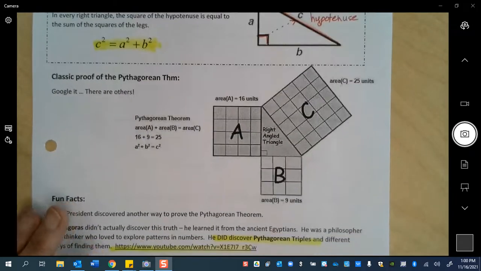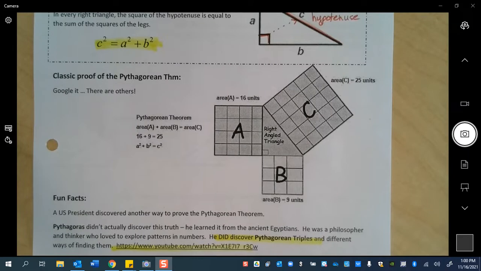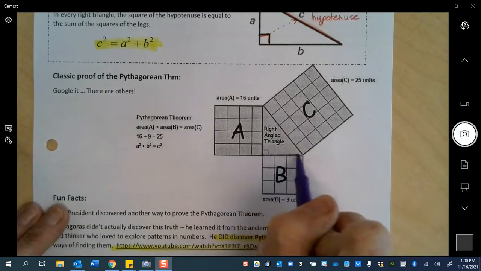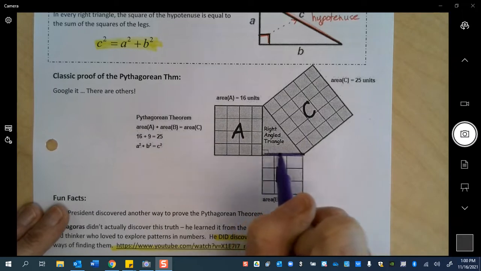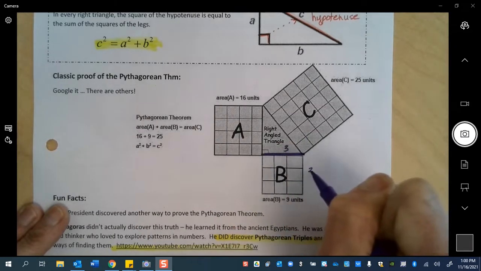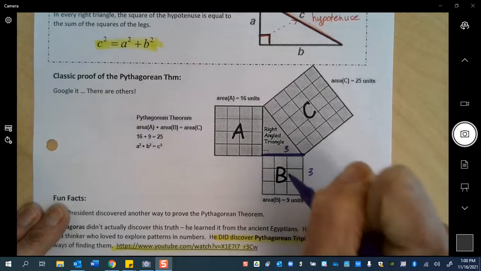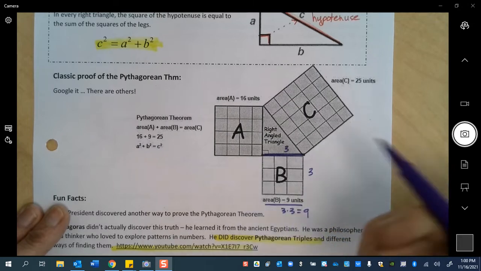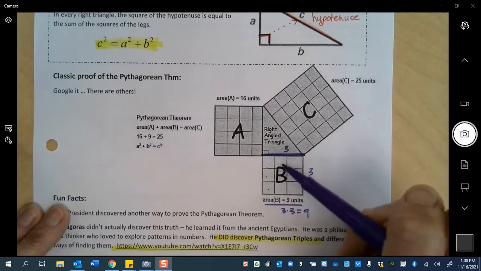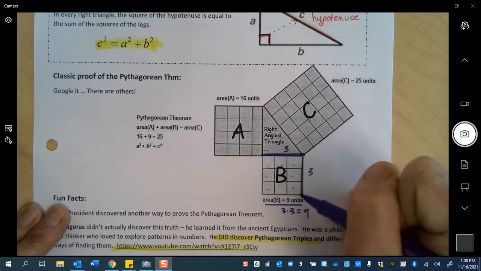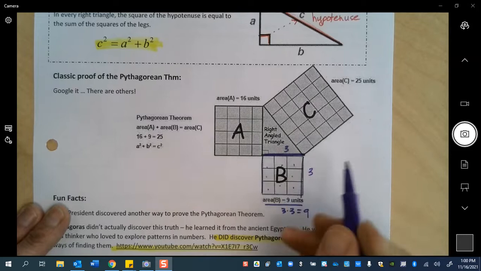One of the classic proofs that you may have seen before of this right triangle theorem: if I have this side length of 3, when I talk about a 3 by 3 square, I end up with an area of 9 units because 3 times 3 is equal to 9. Count them, 1, 2, 3, 4, 5, 6, 7, 8, 9 units when I square that side.